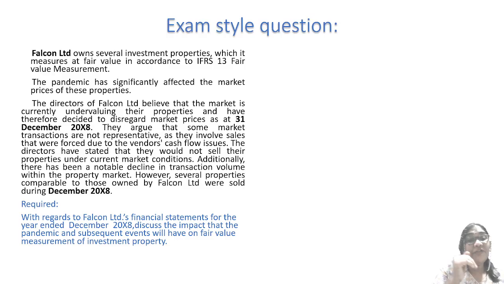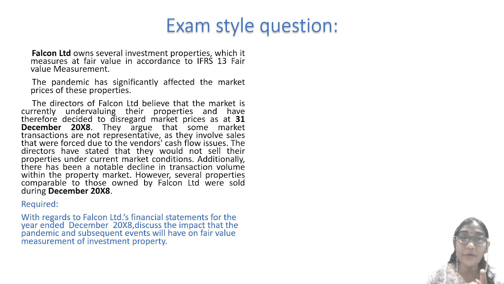Now, with regards to Falcon's financial statements for the year ended December 20X8, discuss the impact that the pandemic and the subsequent events will have on the fair value measurement of the investment property. So understand the situation. Falcon has many investment properties.